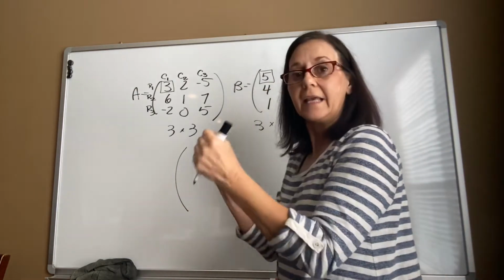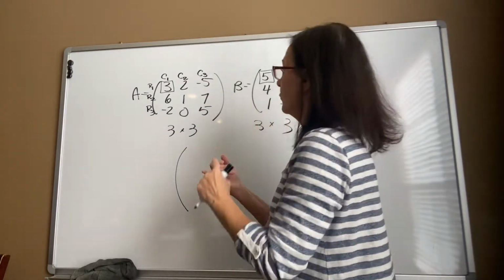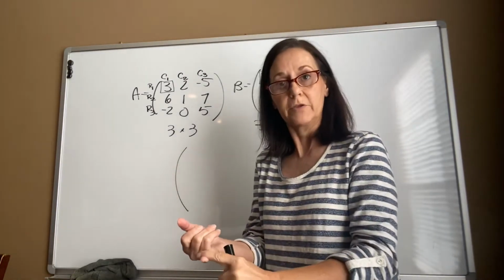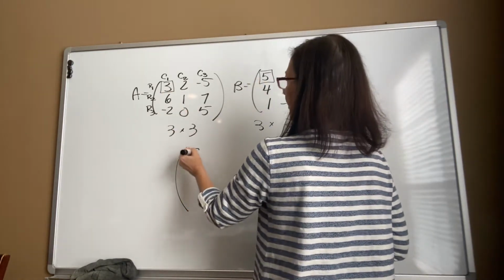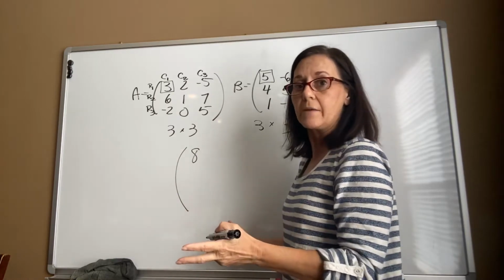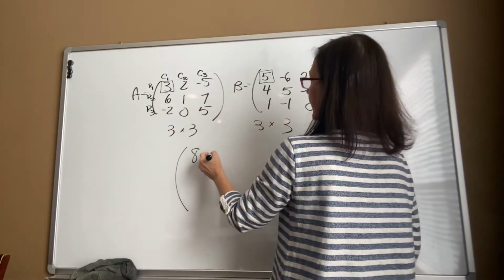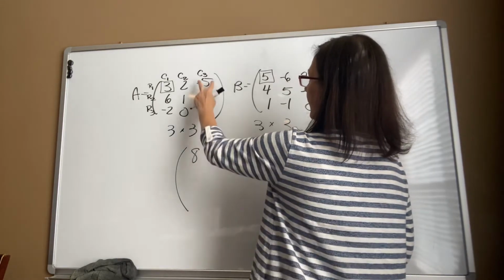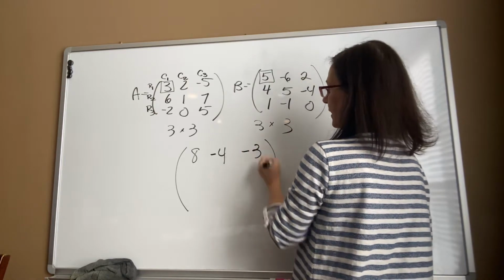So we're adding each place, row 1, column 1 to row 1, column 1, row 1, column 2 to row 1, column 2 of the other matrix, all right? So we're going to add 3 and 5, that would be 8. Subtraction is the same way. 2 and negative 6 is negative 4. Negative 5 and 2 is negative 3.